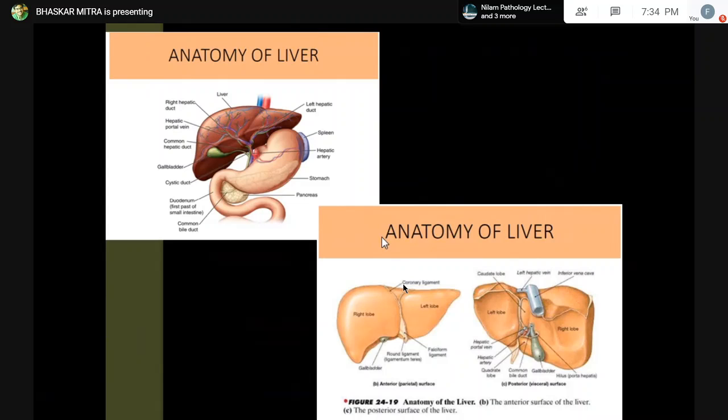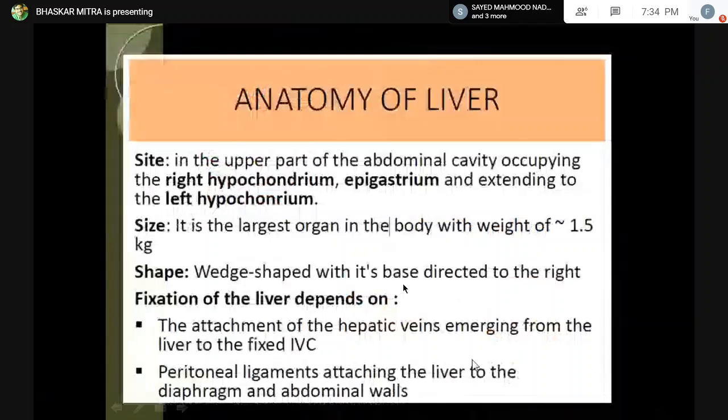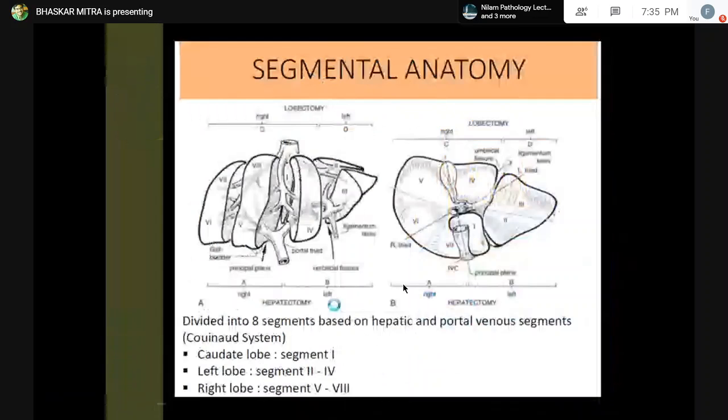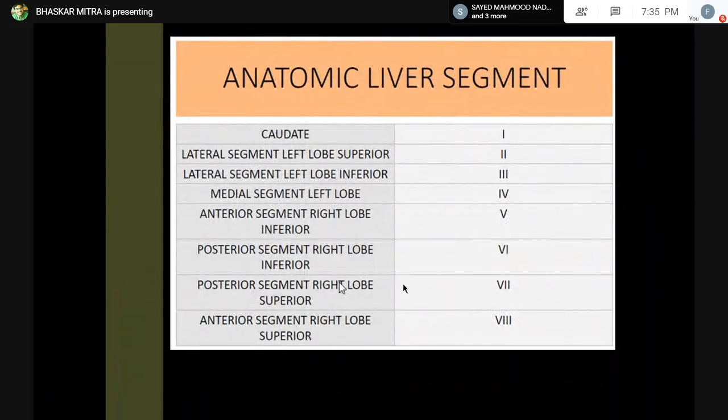Now, some basic things. This is the anatomy of the liver. We all know the right lobe, left lobe, position of the gallbladder and the vena cava. It is situated in the right hypochondrium, epigastric region, and left hypochondrium. The well-known functions of the liver are bile production, enzyme activation, storage of glycogen, etc. The liver is divided into segmental anatomy by the different lobes: the lateral segment, medial segment, and anterior segment.